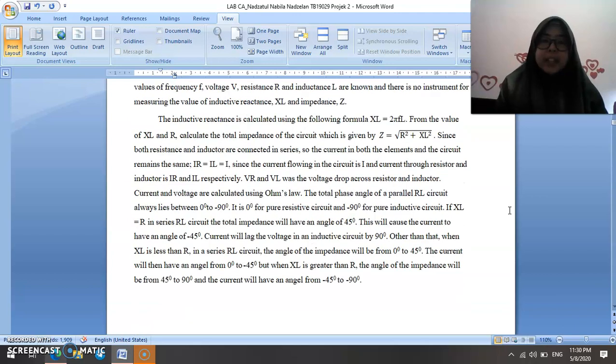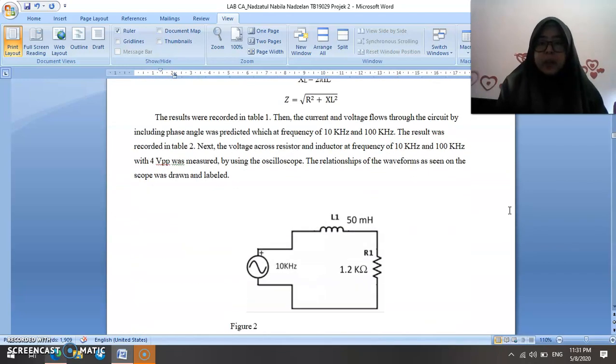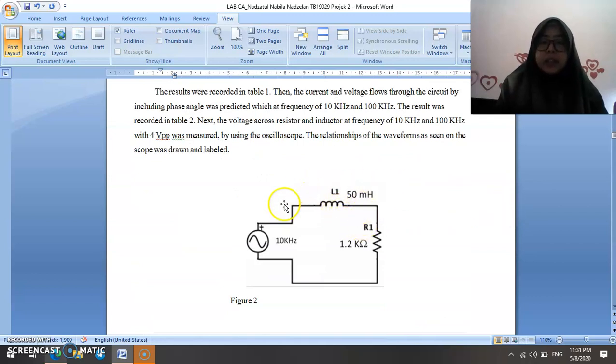The inductive reactance is calculated using the following formula: XL equals 2 pi times frequency times inductance. Meanwhile, the total impedance of the circuit is given by Z equals the square root of R squared plus XL squared. In figure 2, the circuit is in series.